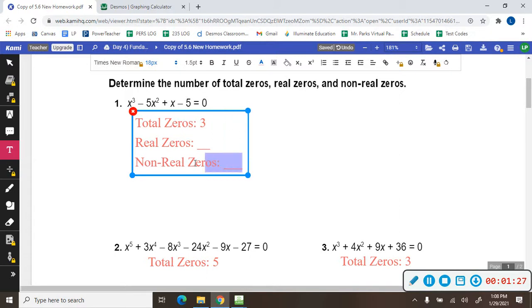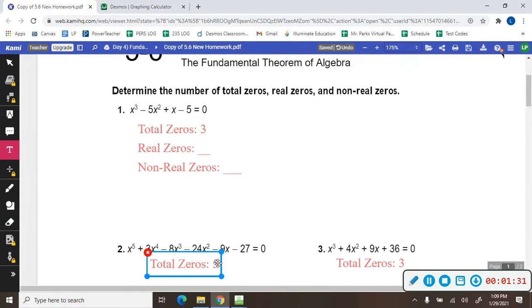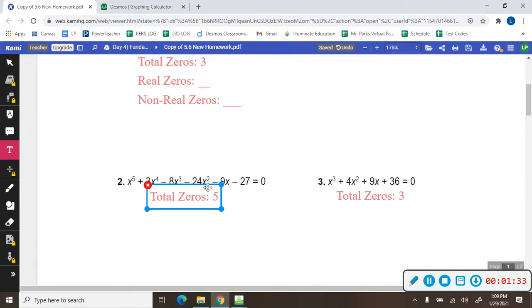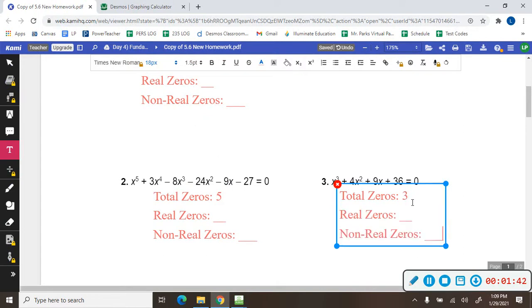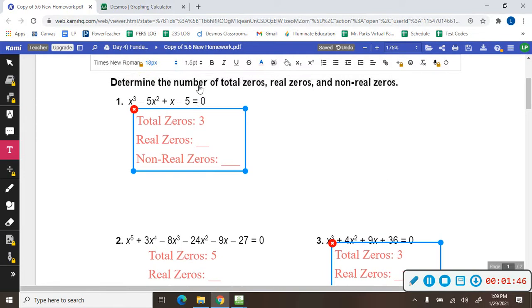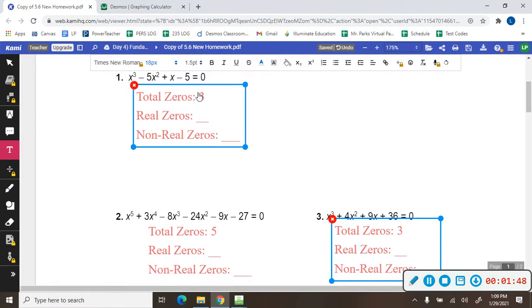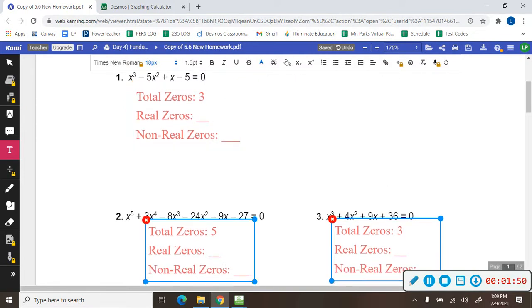And we're going to do that for both. The thing to remember is that these two boxes should add up to 3. These two boxes should add up to 5. These two boxes should also add up to 3.